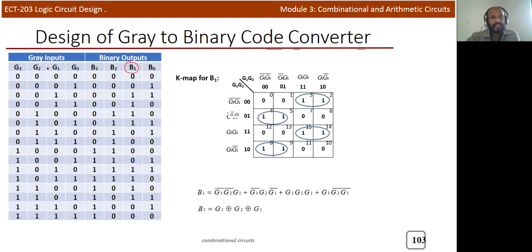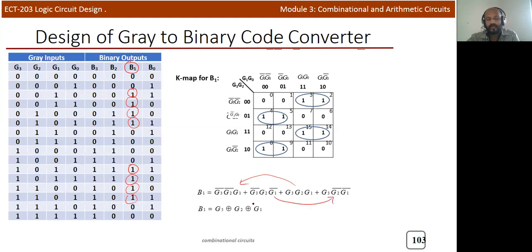B1 in terms of G3, G2, G1, G0. So verify for the different values of 1. Okay, these are the different values of 1. So write the different values of 1. You will get different groups, and if you group this, you will get G3 XOR G2 XOR G1. Okay. So after simplification of this particular value, you can group these two values, G1 here, and here you can group G1 bar.